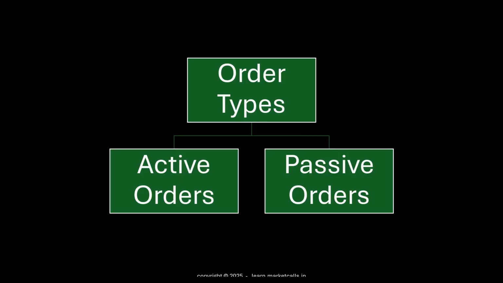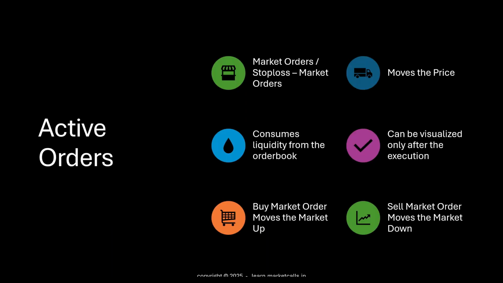So pretty much the basics here. In markets, we can classify the type of orders into active orders and passive orders. Active orders are the ones which are going to move the markets, typically market orders or stop loss market orders. They take the liquidity from the order book, and you can only visualize a market order once the order is executed, and then it is visible on your order flow charts.